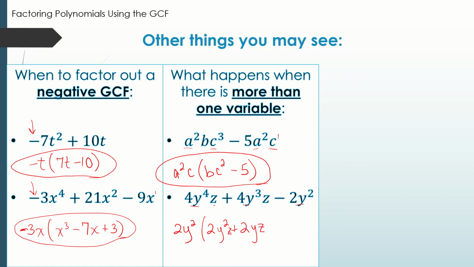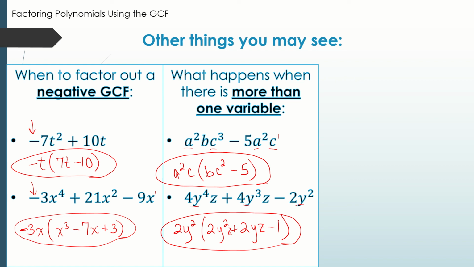Careful, that z was still there. So 2y squared z is left in that first term. The second term is 2yz. And on to the third term: negative 2 divided by 2 is negative 1. 2 y's, took out 2 y's, so no y's left. So this is our factored answer.